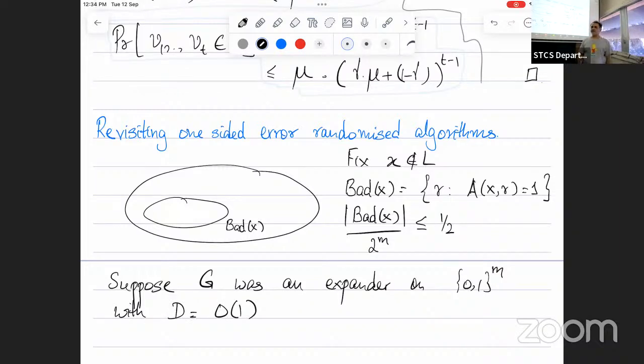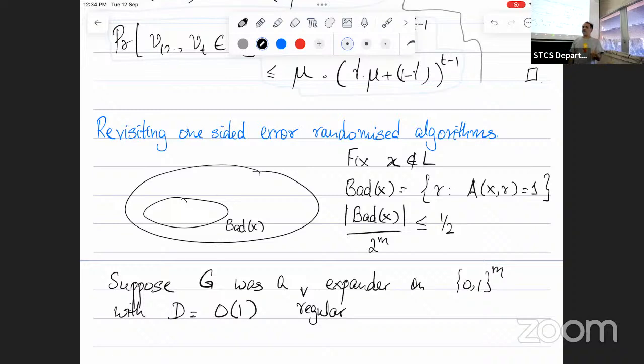Now instead of picking t things independently, I will pick v1 at random. By the way, it's a d-regular graph, so that the stationary distribution is truly the uniform distribution. If it's a regular expander, then instead of picking t things at random, here is an alternate thing you can do.